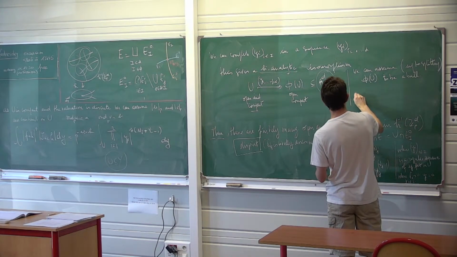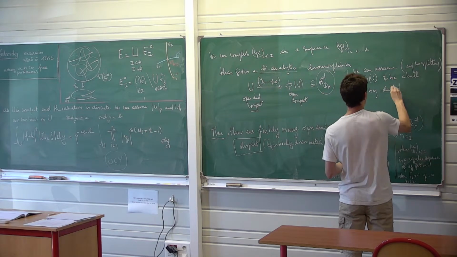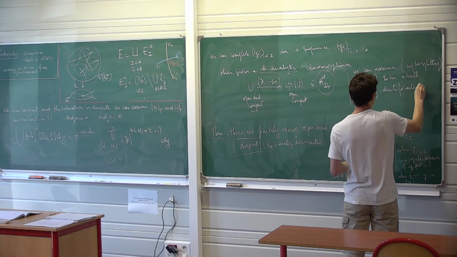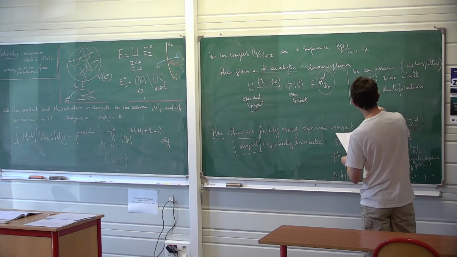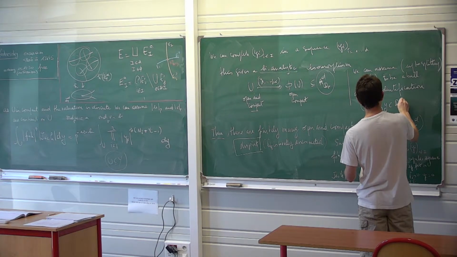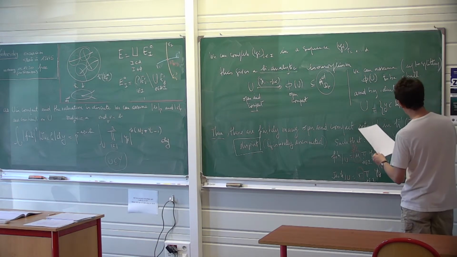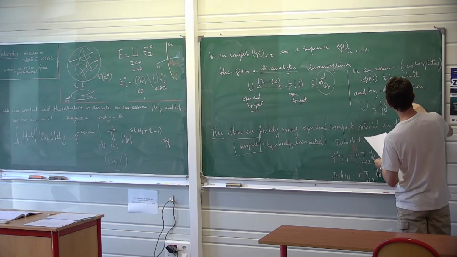Okay, and then by identification, we can assume that U is a ball, a polyball.